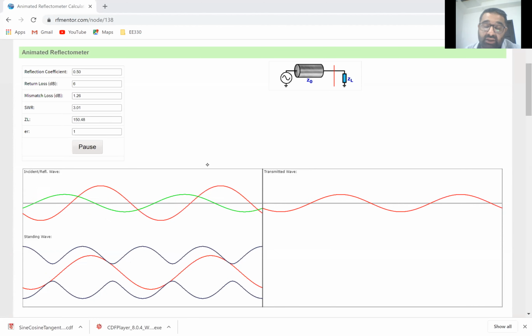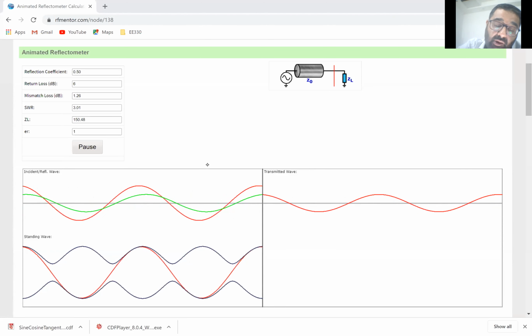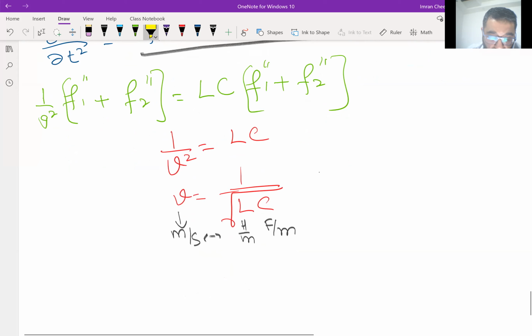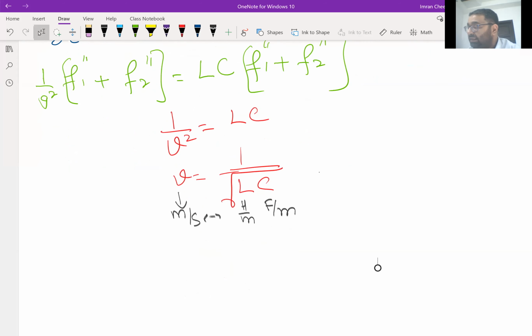As you sit on one of the peaks, you will flow forward. So that is the intuition of this solution. And obviously this function could be anything depending upon the source, and soon we'll put in sinusoidal sources and this would become a sinusoidal wave on exactly similar lines.